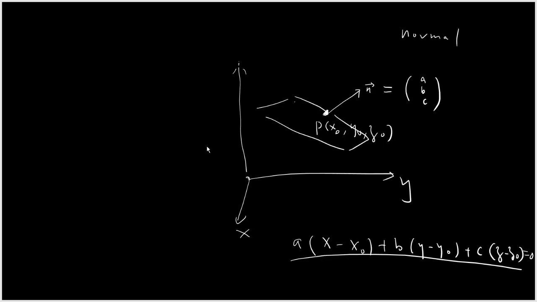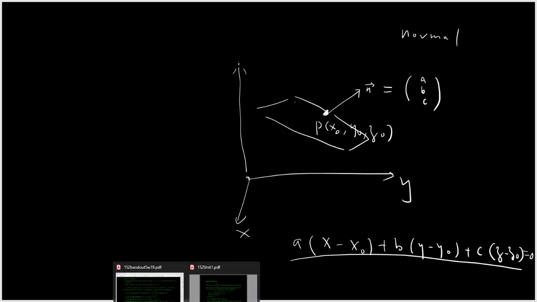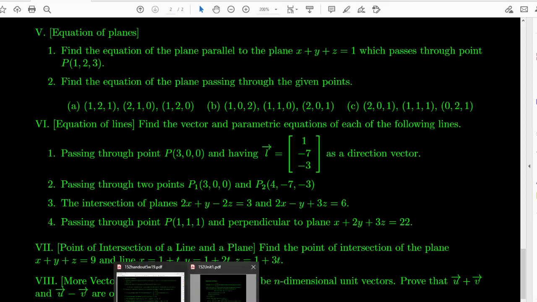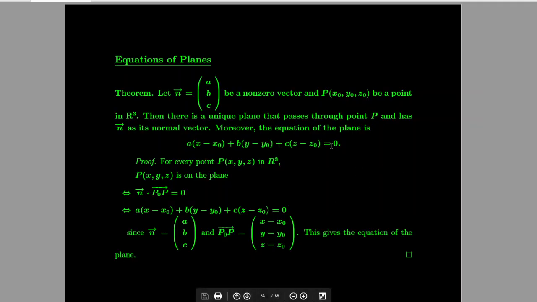I will make up a question to show you what I mean. What I mentioned is the stuff in the theorem. Again, you are given a normal vector, so you know the components of the vector, you know the coordinates of the point, and then you can get the equation of the plane.